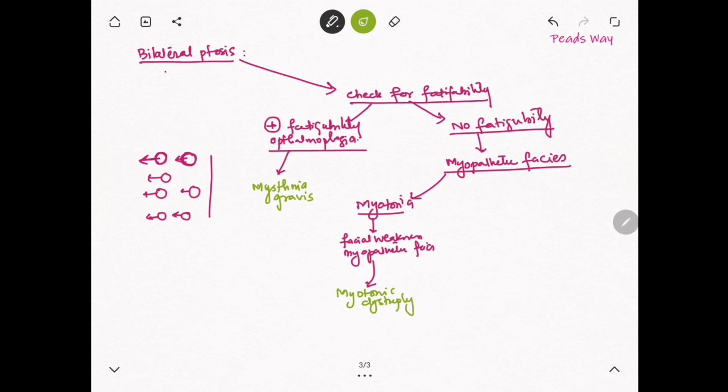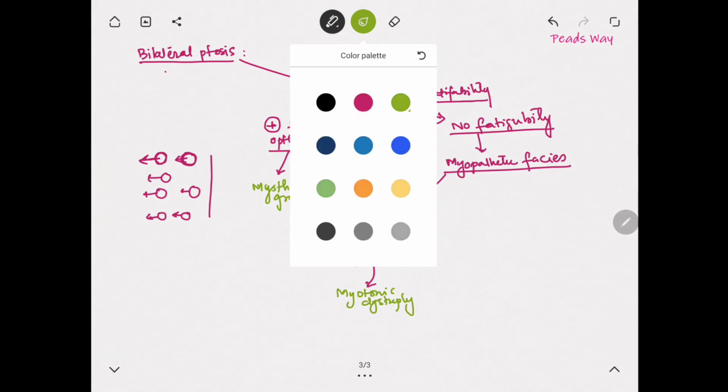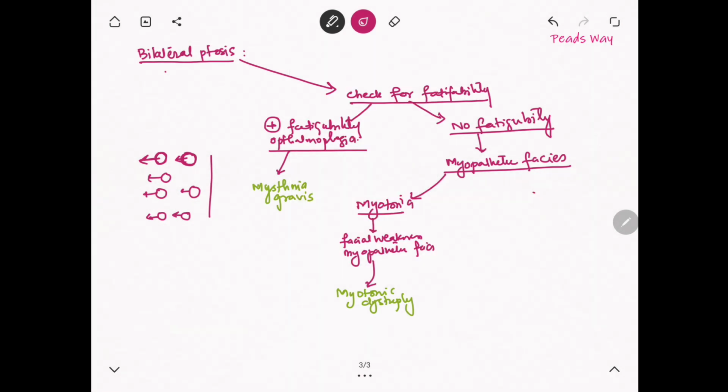Now if there is no myotonia, no myopathic facies, then you'll do the CNS examination.